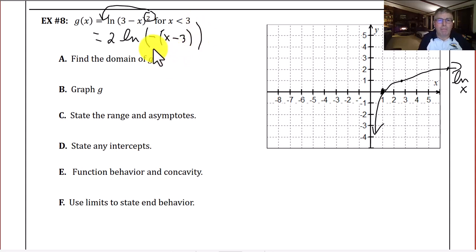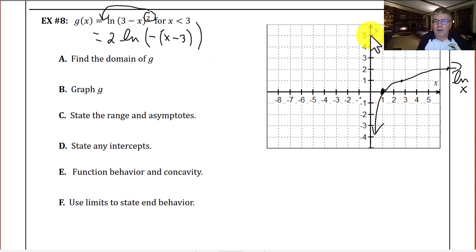So we've got a couple things going on here with our x's. It looks like we're going to shift 3 units to the right, and then we're going to reflect over the y-axis.